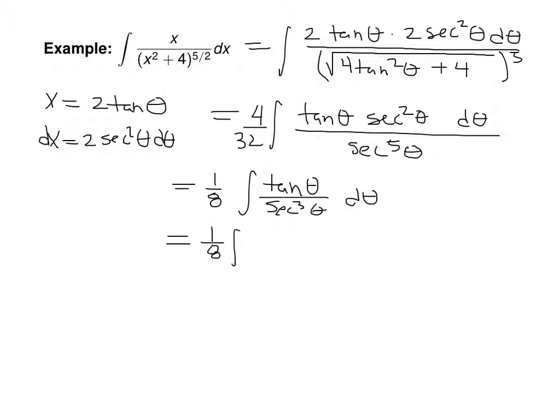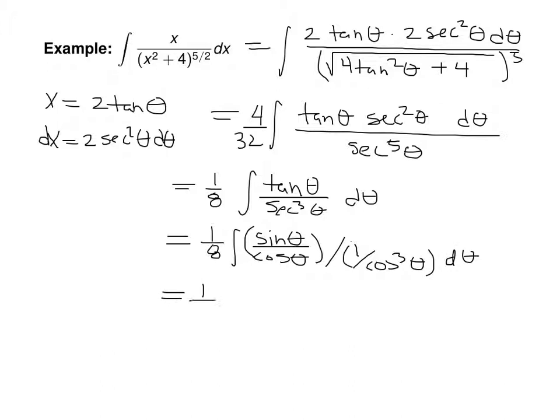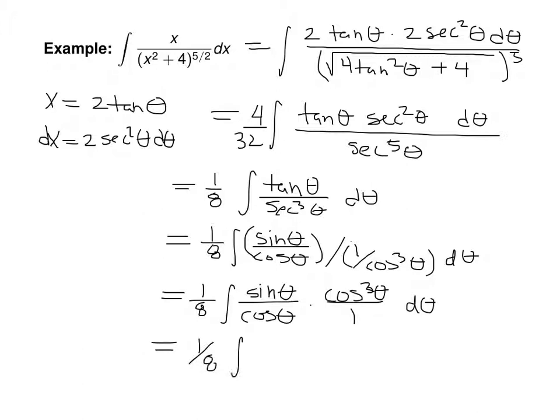So that's 1/8 the integral, tangent is sine theta over cosine theta, divided by 1 over cosine cubed theta, which reciprocates, and we'll have 1/8 the integral of sine theta over cosine theta multiplied by cosine cubed theta over 1, which gives us 1/8 the integral of cosine squared theta sine theta d theta.